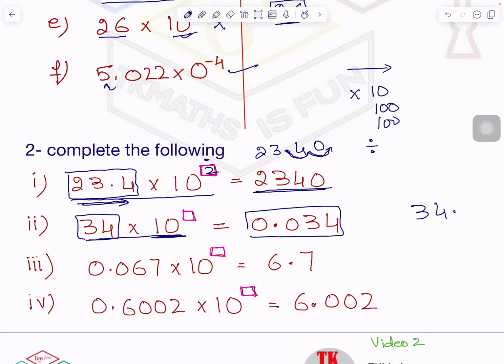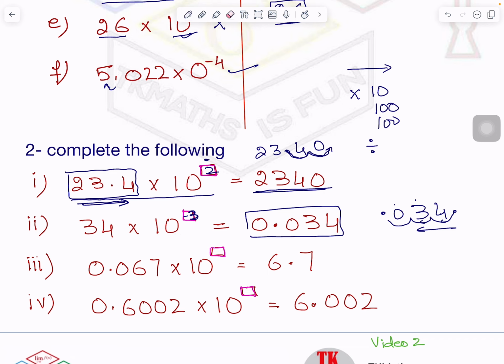In 34 the decimal was here. Now what happened after this multiplication? The decimal jumped left and it came here. So how many places did the decimal jump left? 1, 2, 3. It means I will write here -3.